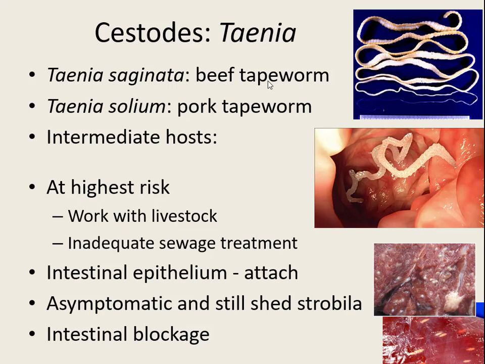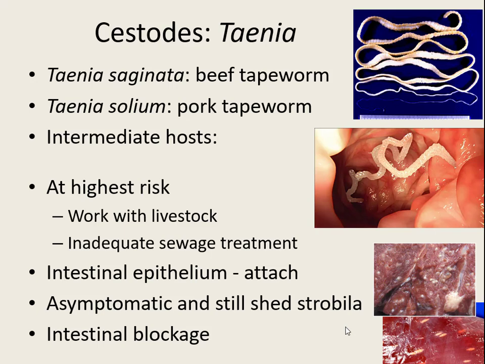Now, how many tapeworms you have can depend on what your symptoms might be. You might be asymptomatic, not even know you have a tapeworm, but you are still shedding those little segments. Chunks of those little proglottids are called a strobilus. You're shedding some of them, whether you realize it or not, in your fecal matter, and you are releasing eggs.